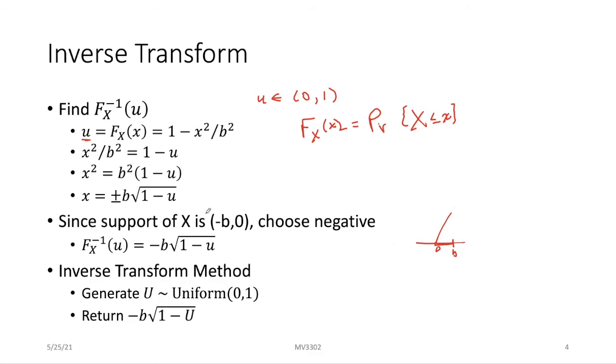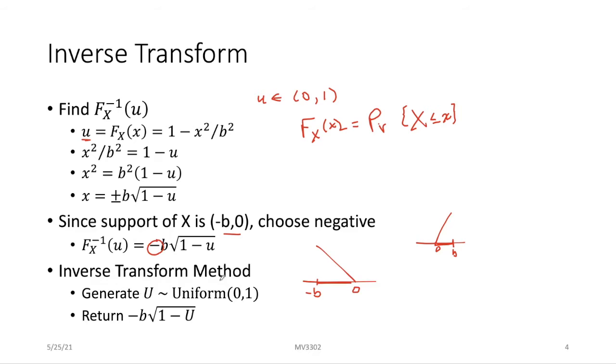But in this case, the support is negative. See, because we're actually in this situation, all the values are going to be negative. So we have to choose the negative root. That's important. If you choose the positive root, then it's not going to be correct.